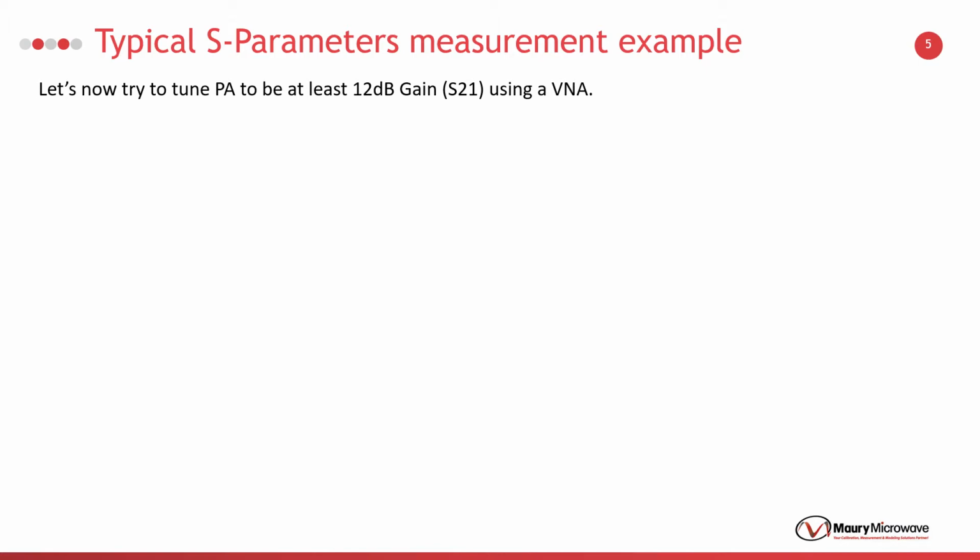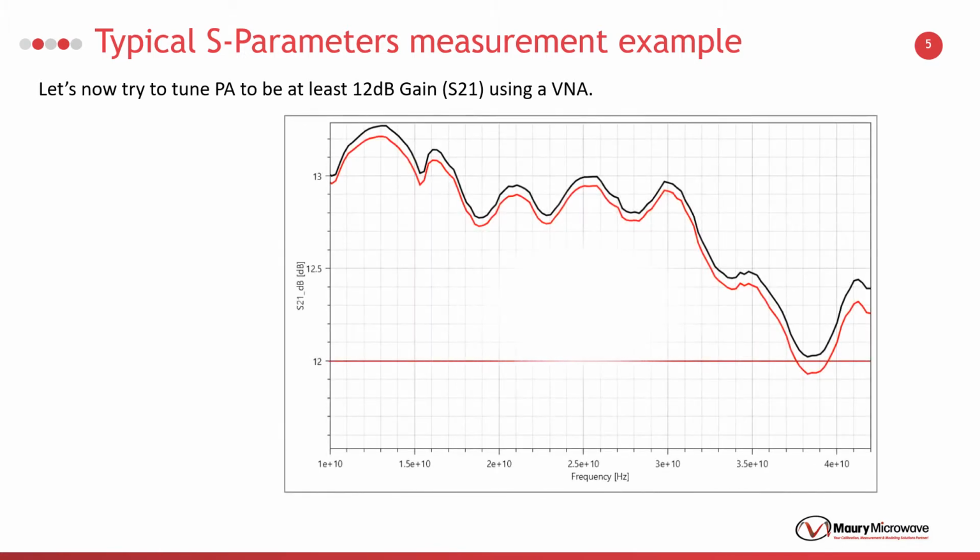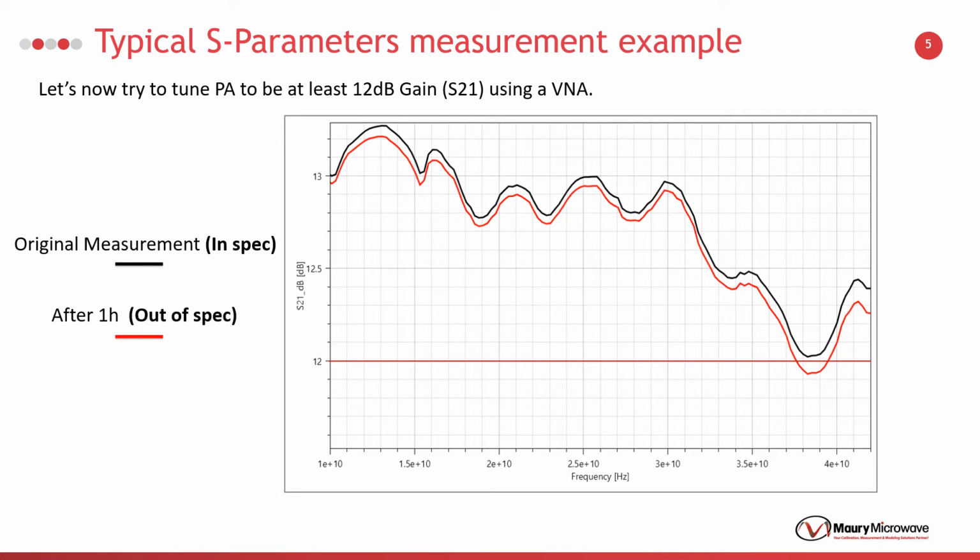So the designer is happy, reports the result to his supervisor, and then after some time, maybe an hour later, the supervisor or the manager comes, and when the engineer shows the result, he suddenly sees that the amplifier is actually not meeting the gain spec anymore after an hour or after some period of time, especially at the end close to 40 gigahertz range.